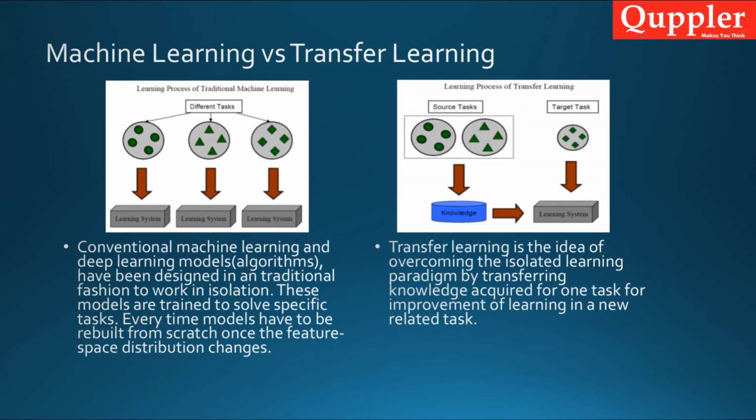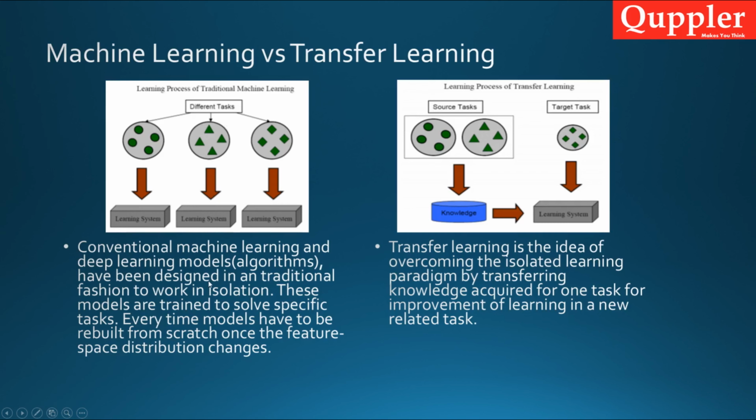For example, in this diagram, suppose these are my classes A, B, C, let's say cat, dog, and horses. If I train my model to identify only cat, it will identify only cat. In future, if I want it to identify the horse and the dog, I need to rebuild it and feed it that data again, so I need to do it from scratch.